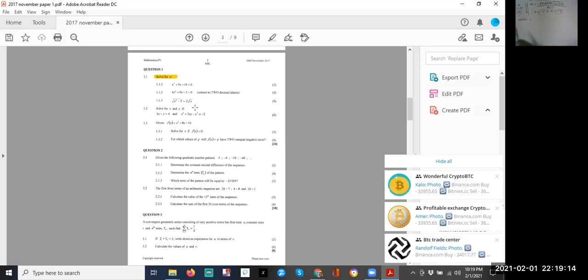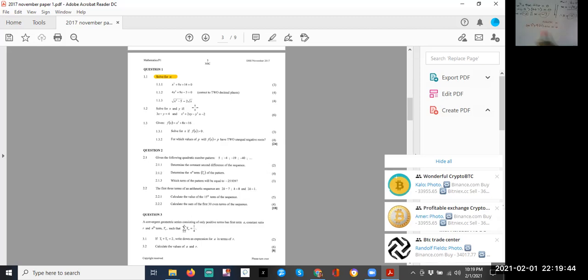You substitute minus 2 here. That will be minus 2 squared plus 9 into minus 2, and then plus 14. That equals minus 2 squared, which is 4.